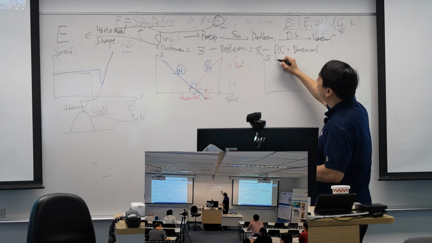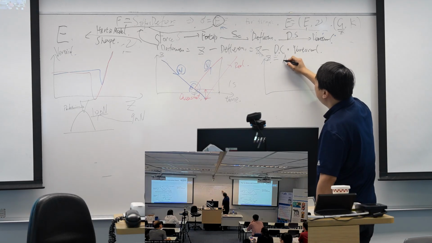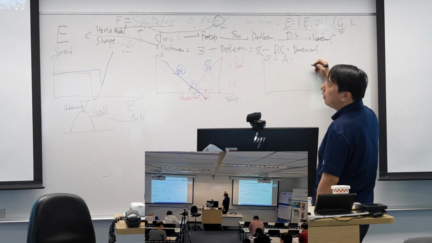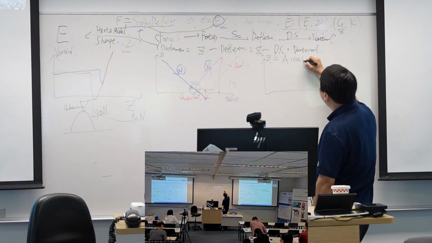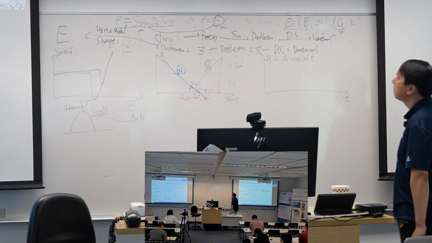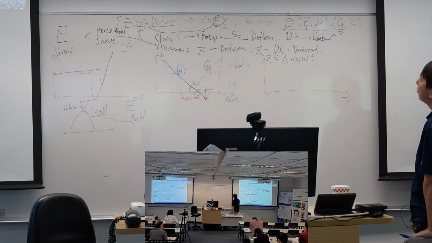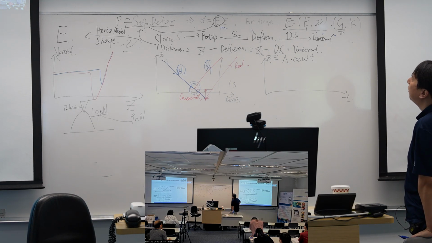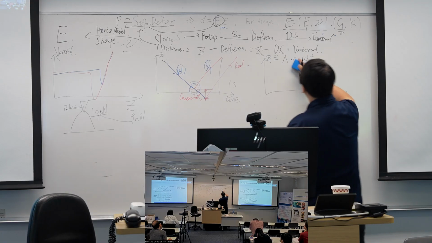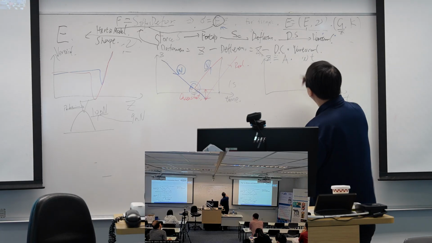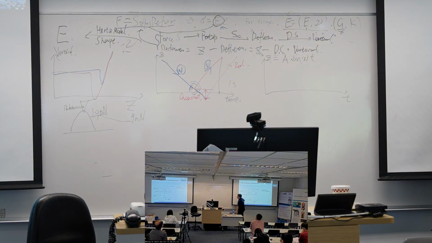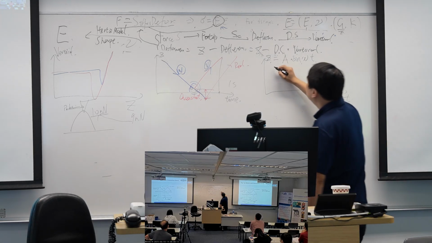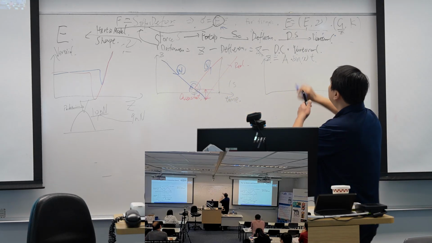The Z, we define it as amplitude times, let me think about, cosine omega t. No, I should be sine omega t. Okay, the Z is a sine omega t.